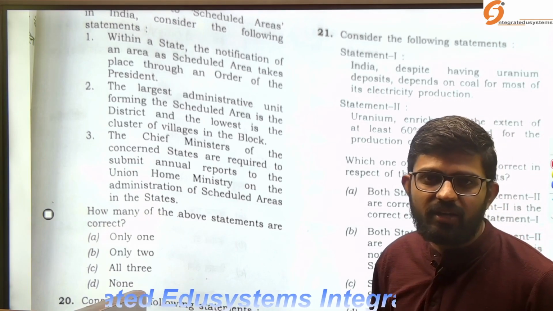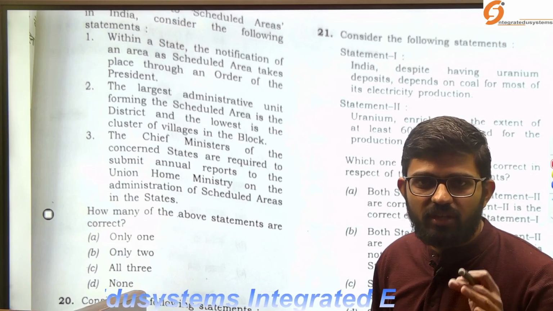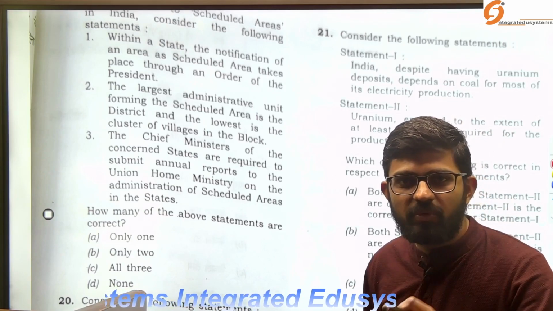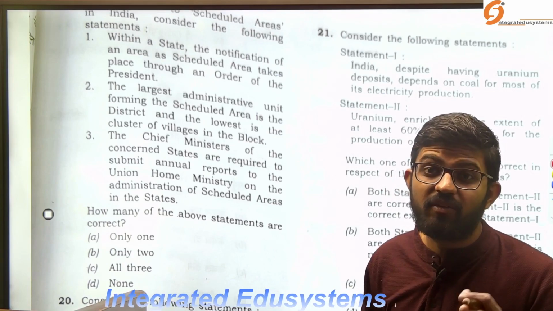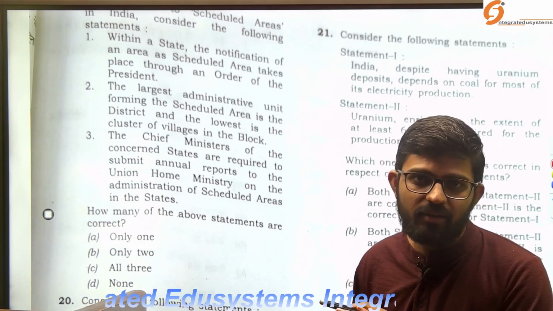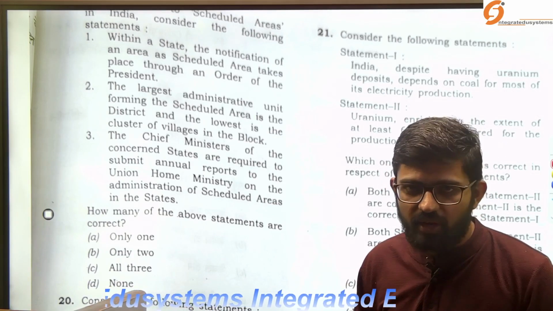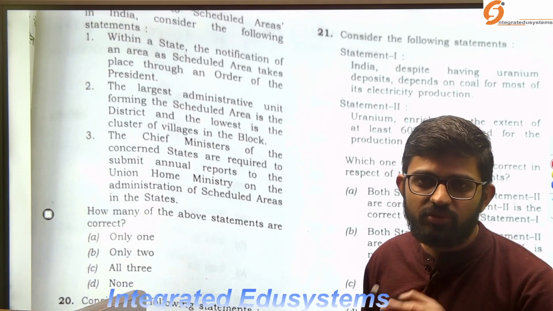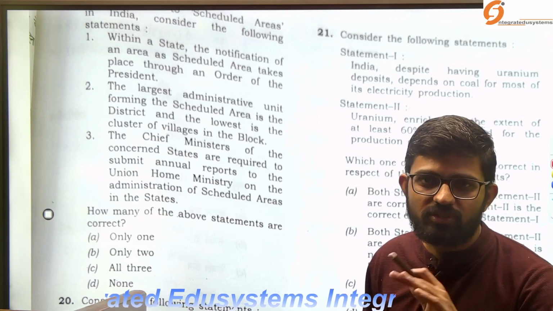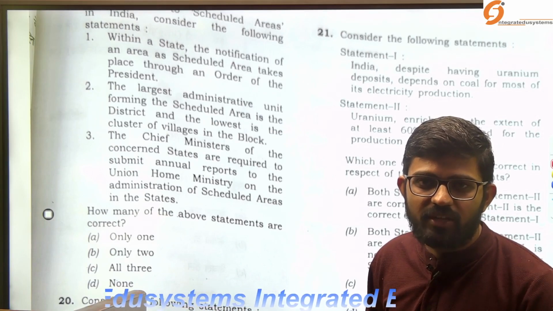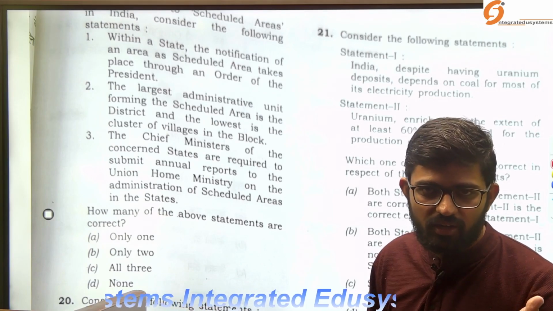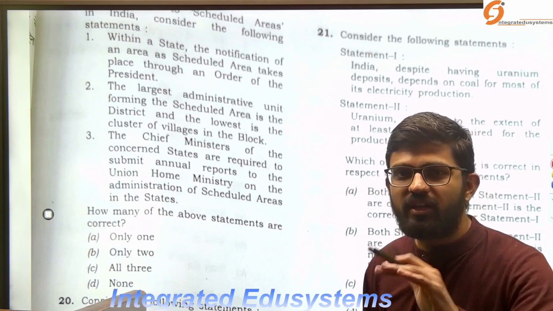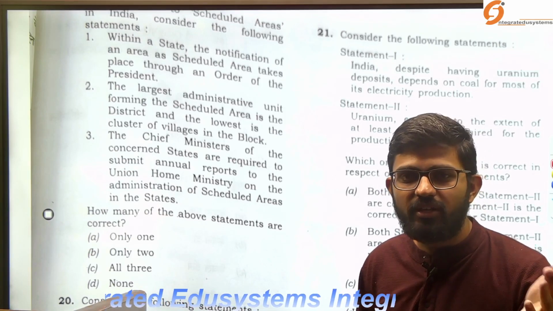See, we must understand, uranium enrichment up to 10% is required with respect to electricity, and when you go above the 10, it is weapon grade uranium. We must understand why this question is asked. Recently the Iran issue is going on. In the Iran issue, what was the issue? The President of Iran said that we are enriching uranium beyond 10%, and that was the issue that the US highlighted.